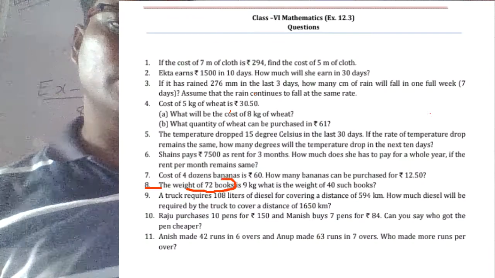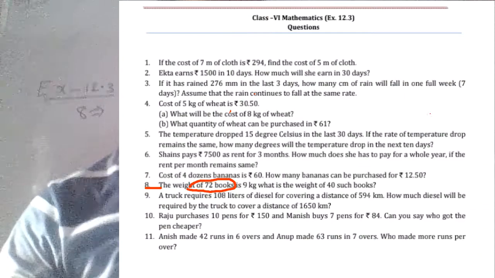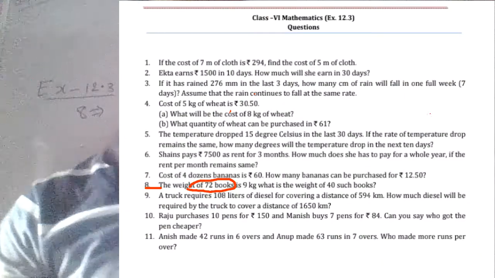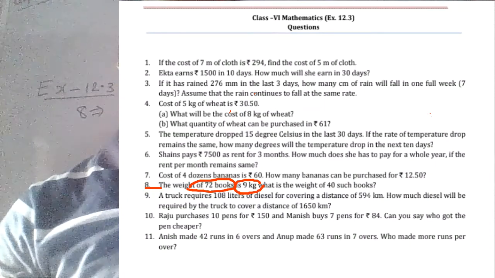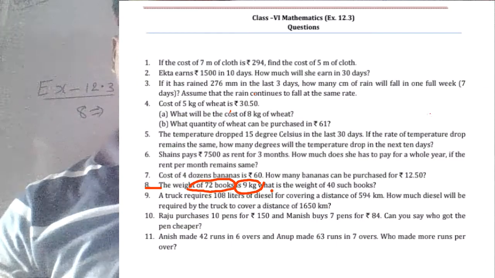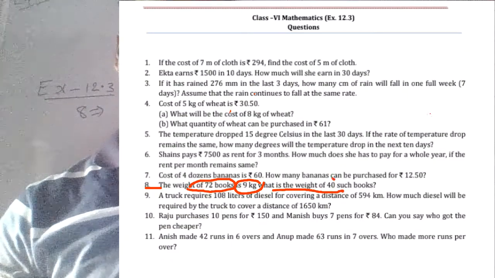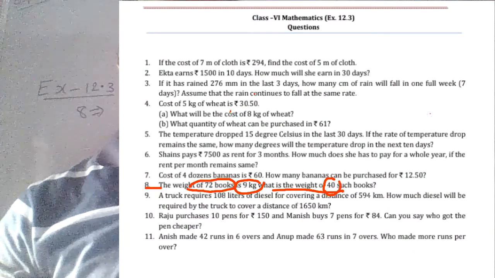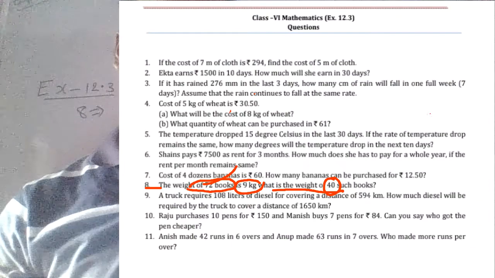This is the next question, question number 8. The weight of 72 books is 9 kg. The question asks us, what is the weight of 40 such books?